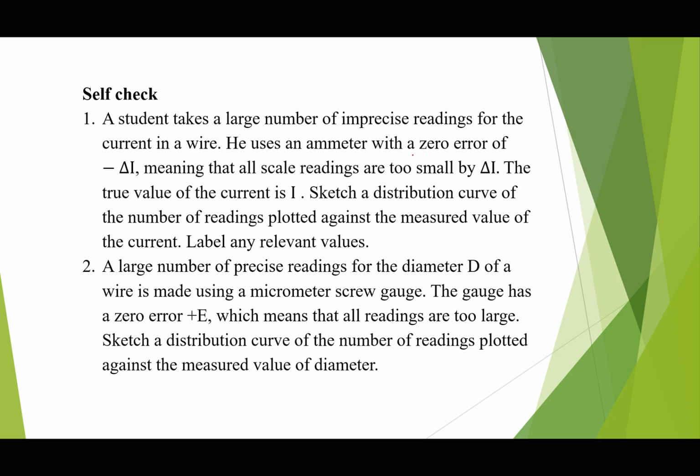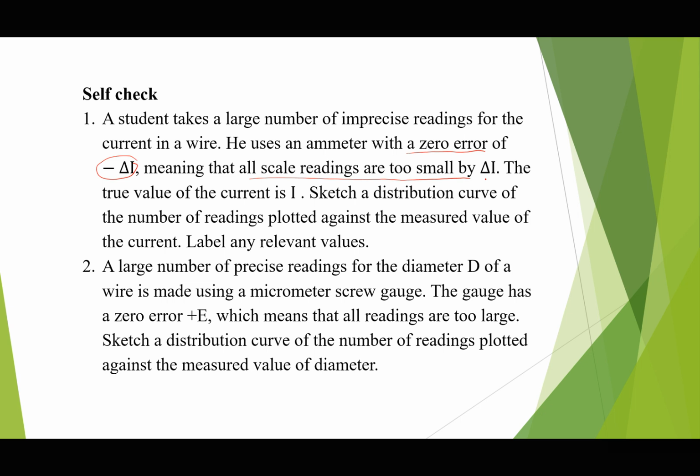Remember, we shall say zero error, which is given as negative delta I, meaning that all scale readings are too small by delta I. That means when I get their average, it will be smaller than the expected value. Sketch a distribution curve of the number of readings plotted against the value of the current.